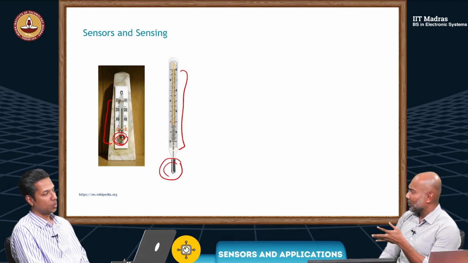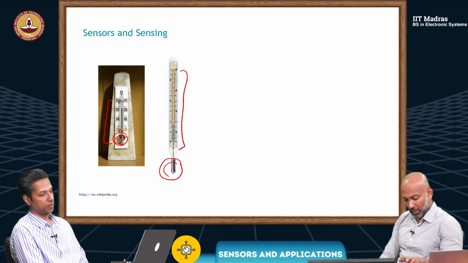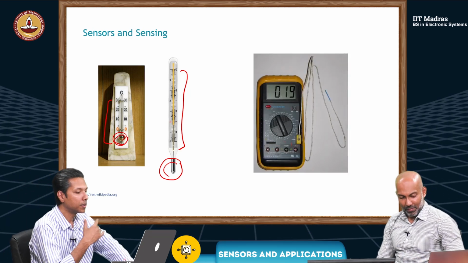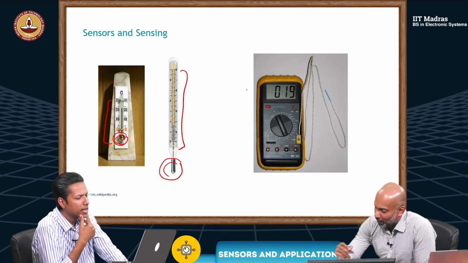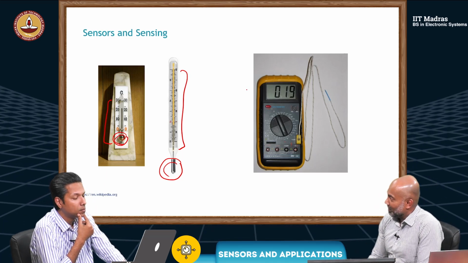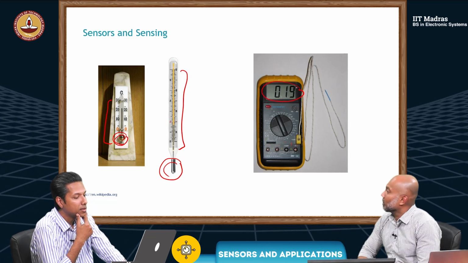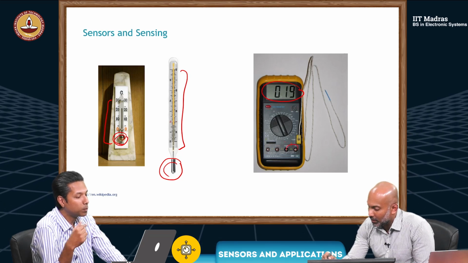So we also talked about an electrical kind of output. What's here? For me, it looks like a multimeter, with some display output. What is this white wire coming up, connected to a blue tip?